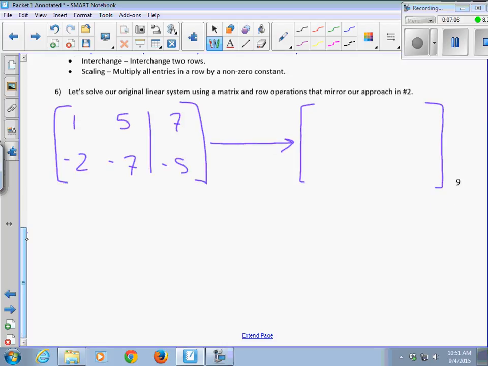So that's going to be my first thing. I'm going to scale row 1. 2 row 1 becomes my new row 1. So my new row 1 is going to be 2, 10, 14. Row 2 stays exactly the same: -2, -7, -5.